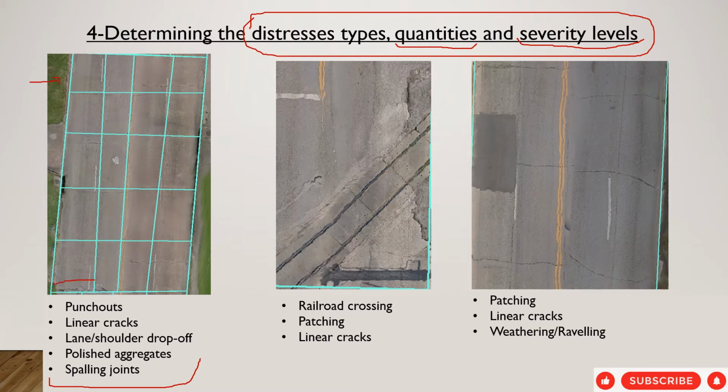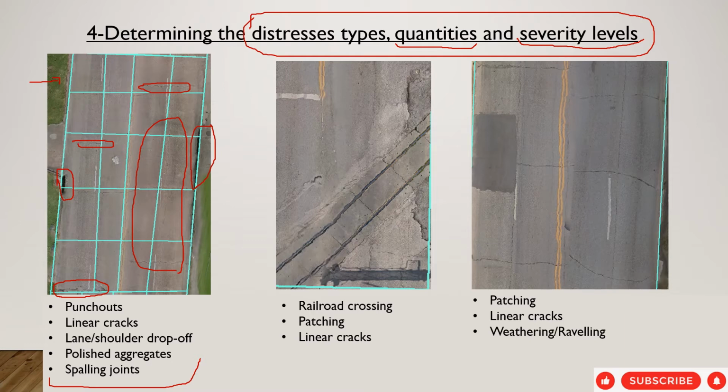We might see here some high severity punch outs and also high severity lane or shoulder drop off. We might see some spalling joints. Here we also have lane or shoulder drop off. We might see also some polished aggregates. We also can see here a linear crack.